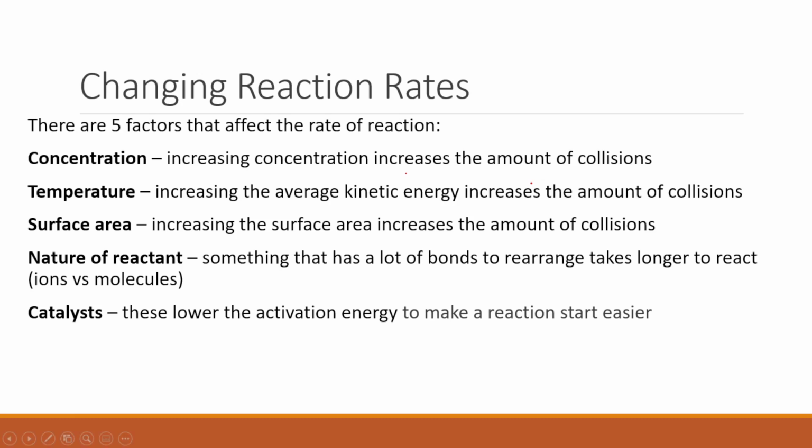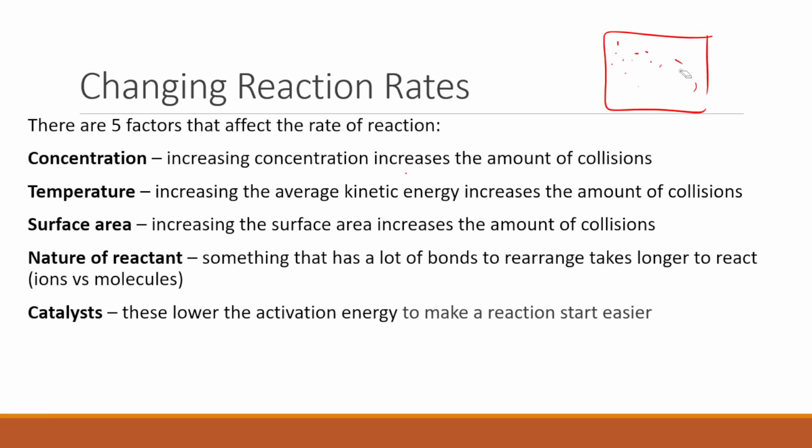And like I just said, the more collisions that happen, the better the odds are of those substances colliding at the right angle. On the other hand, if you decrease the concentration, you decrease the number of collisions. These particles need to hit each other, and if there's a lot of them in a small area, the odds of them hitting each other are a lot higher.